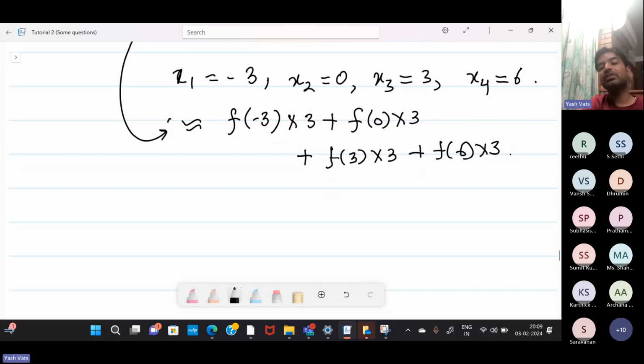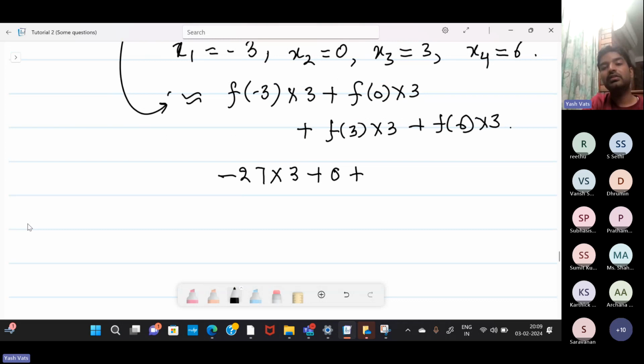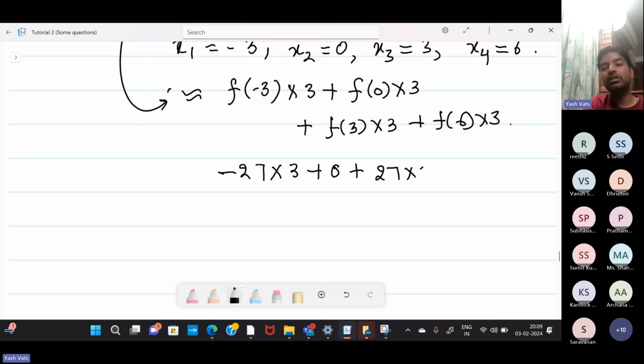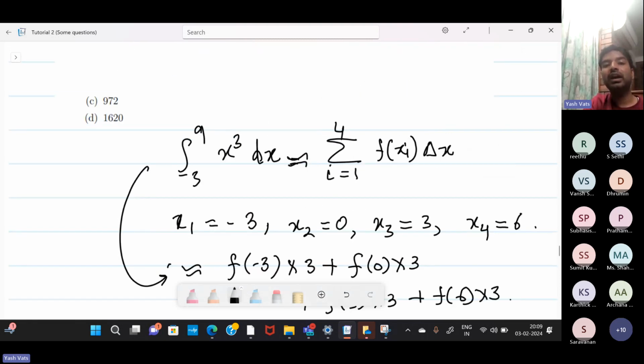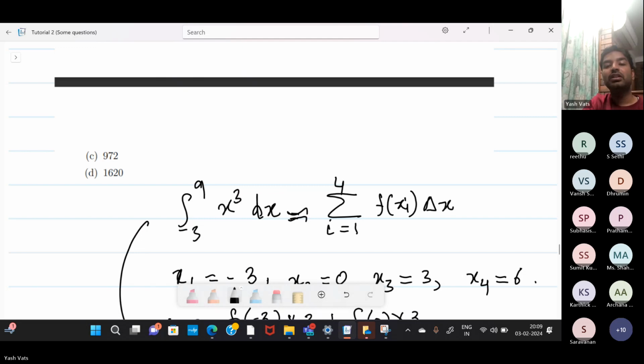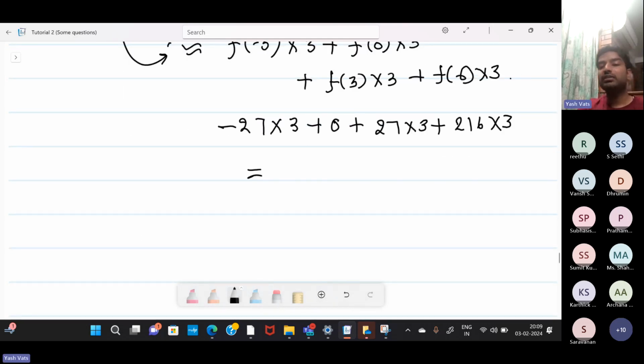What is f(-3)? Just cube them: -27 times 3, plus 0, plus 27 times 3, plus 6 cubed, 216 times 3. Just add them. What should be the answer? Let's see, 648.